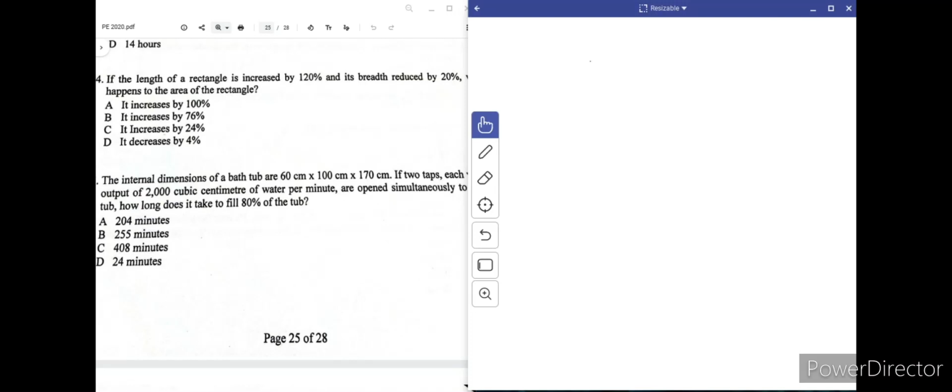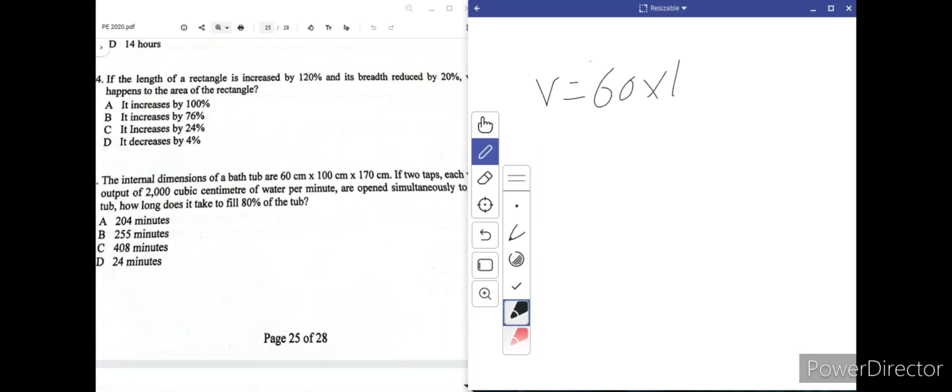the tub. Volume is equal to 60 into 100 into 170, that is length into breadth into height. So this will give us 10 lakhs 20,000.